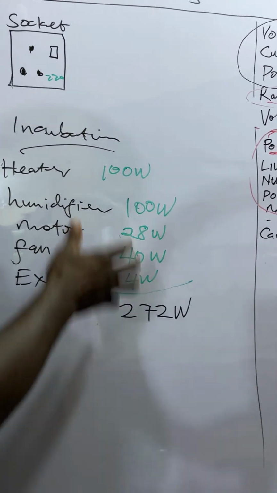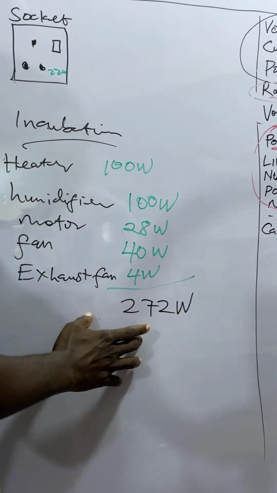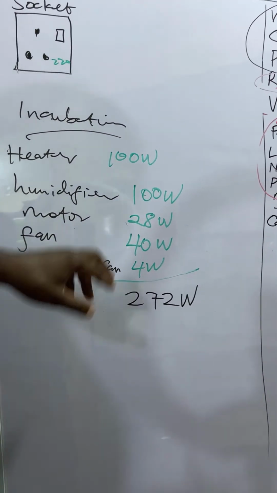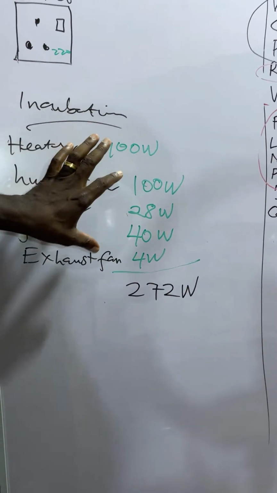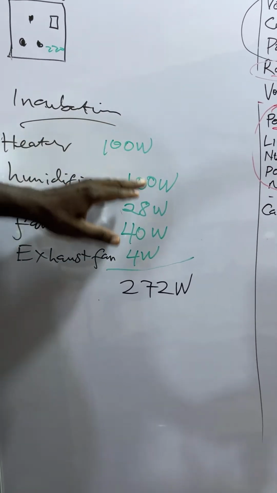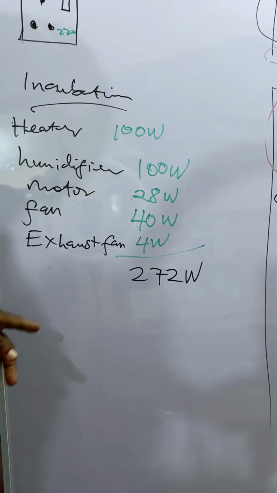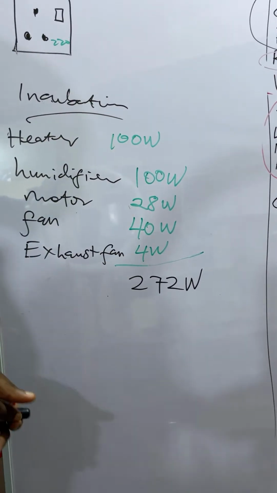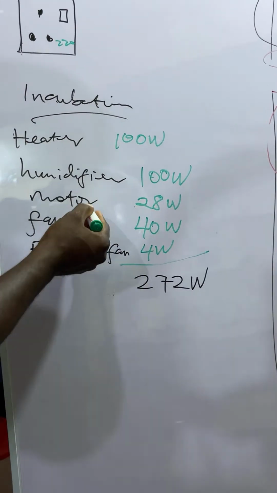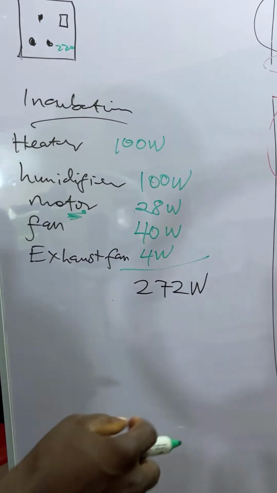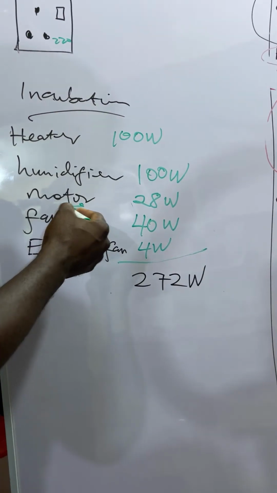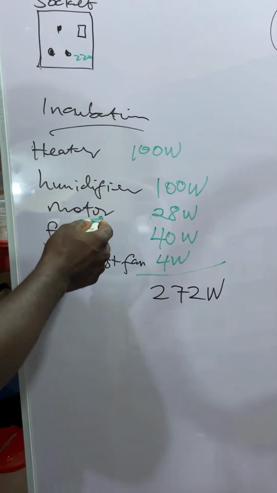Okay, so this is the total power consumption of your incubator in case everything is working at the same time. But the beautiful thing is that they don't work at the same time. For instance, this motor, if you are buying from Mykit, we'll teach you that this motor is not on 24/7.